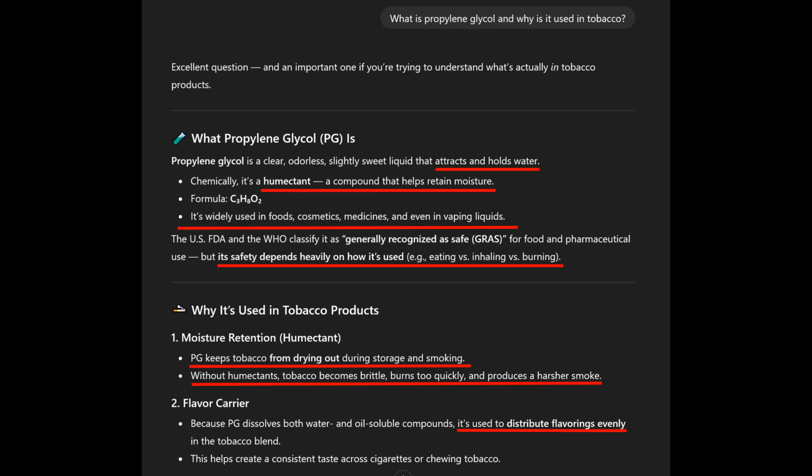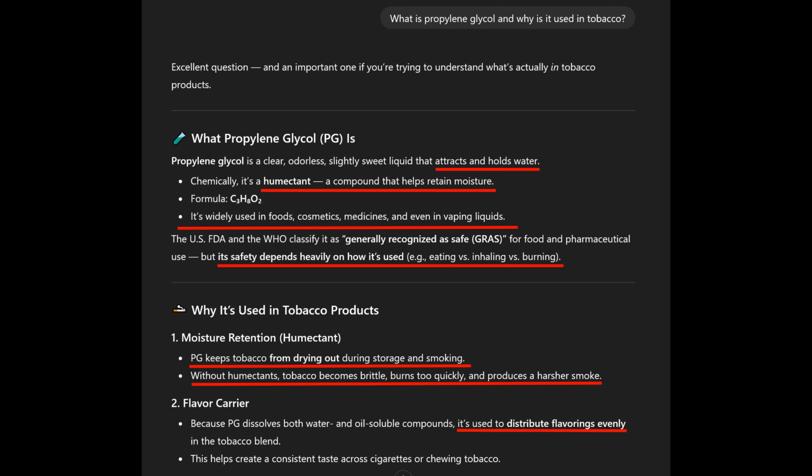Next, we have propylene glycol, which is a clear, odorless, slightly sweet liquid that attracts and holds water. Chemically, it's a humectant, a compound that helps retain moisture. It's widely used in food. The US FDA and WHO classify it as safe, but safety depends heavily on how it is used: eating versus inhaling versus burning.